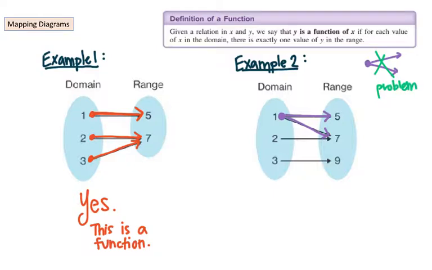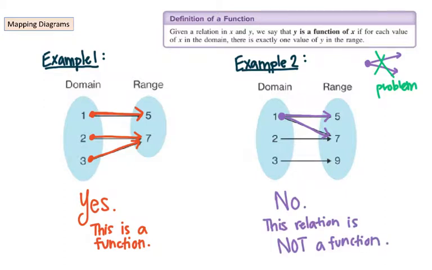So in this case, we would say, no. This relation is not a function. There is an input that actually could give us 2 different outputs. So it's not a function.